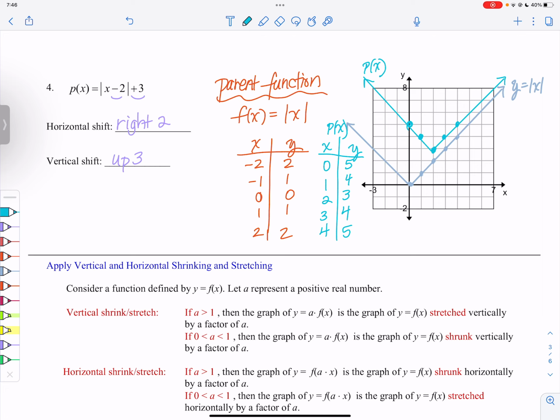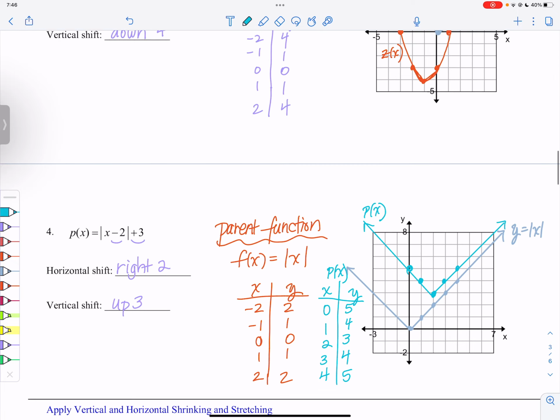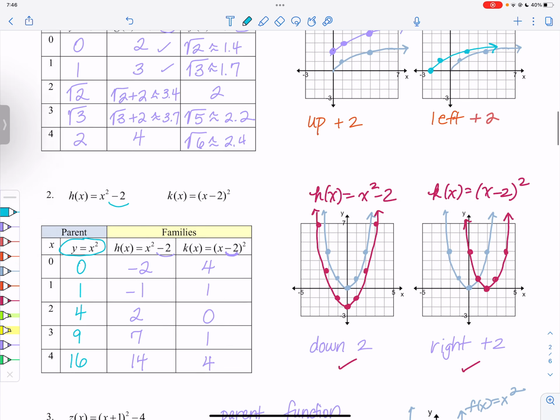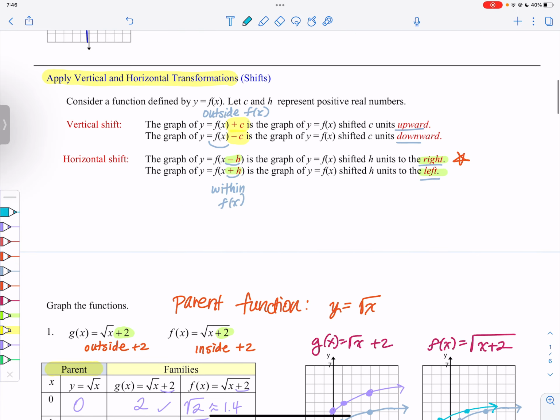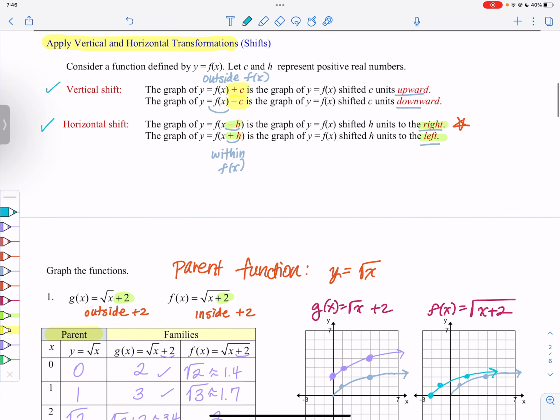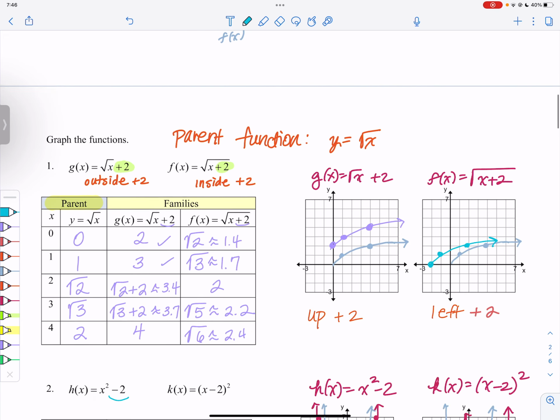Now we are going to do a little shrinking and stretching. So all we did here previously was we shifted vertically and horizontally, but we never compressed the graph or stretched the graph. And so let's take a look at what this means.